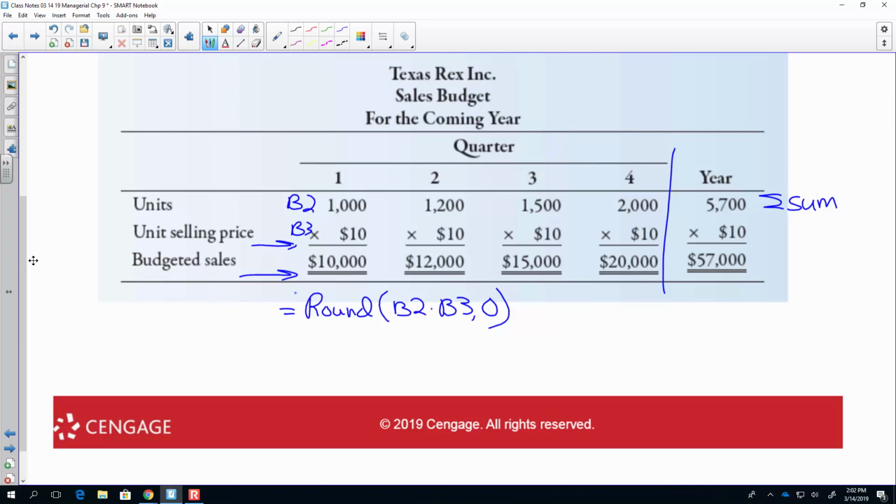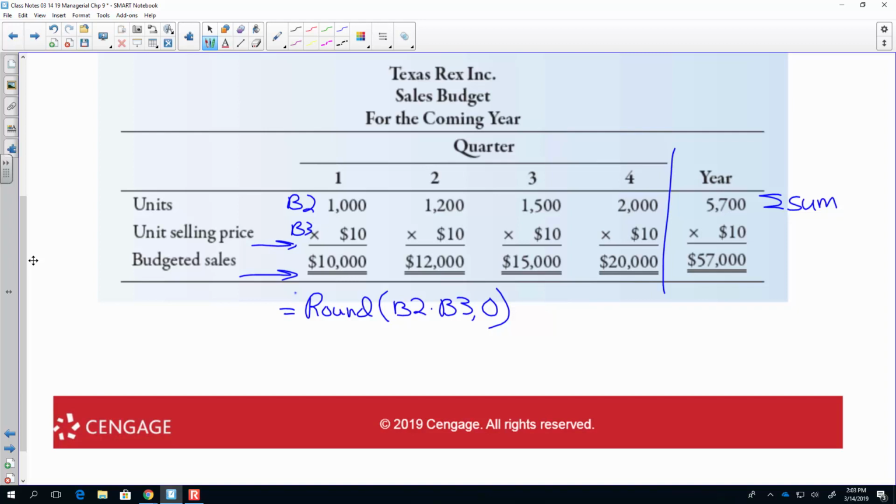I want to see the round command in it. Now, it wouldn't matter. These are all whole numbers. 10 times 1,000 is going to be 10,000. But that's not always going to be the case. So get in the habit of adding the round command. Now, if there is an occasion where we do have to show cents, then what do we round to? 2. So whatever the look of the number is, that's what you're going to round to. So if you are showing cents anywhere on a budget, it's got to be rounded to 2.